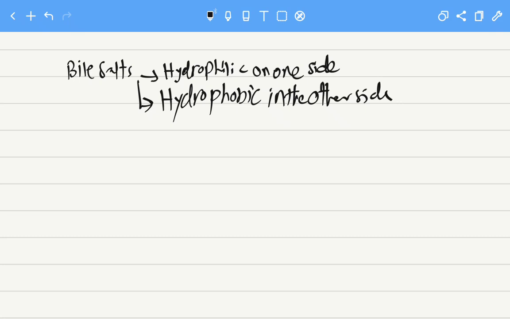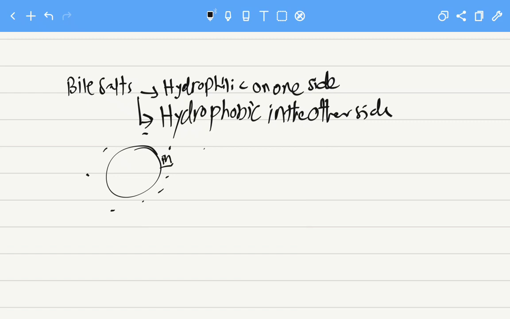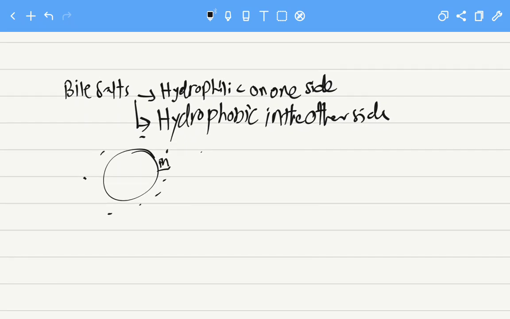They aggregate around the droplet of the lipid, forming micelles, with the hydrophobic side towards the fat and the hydrophilic side outside.